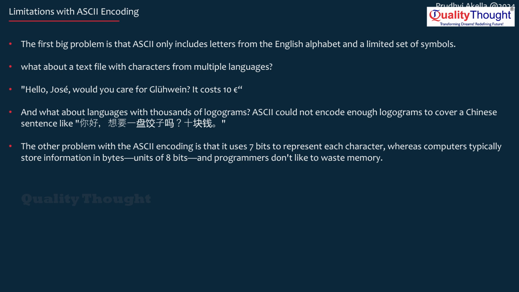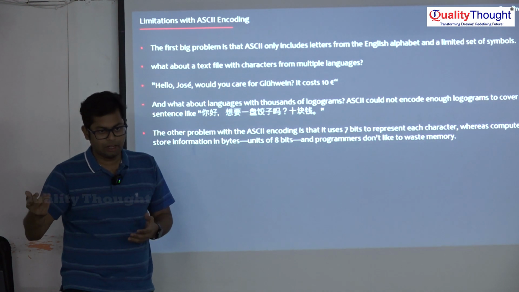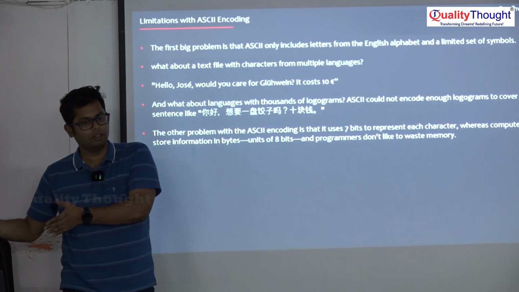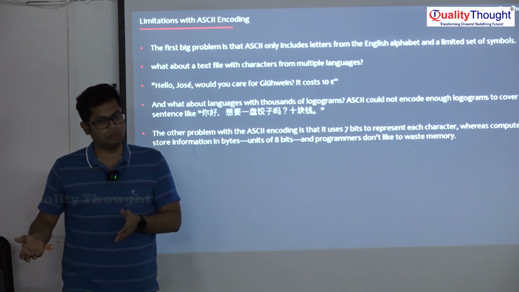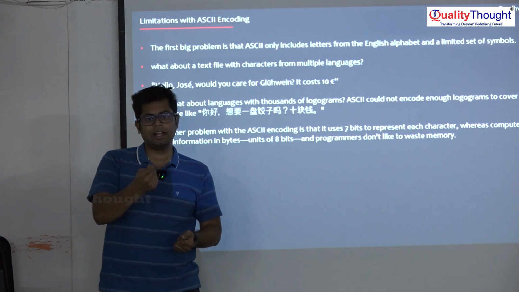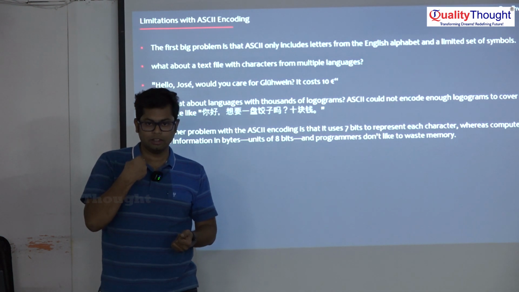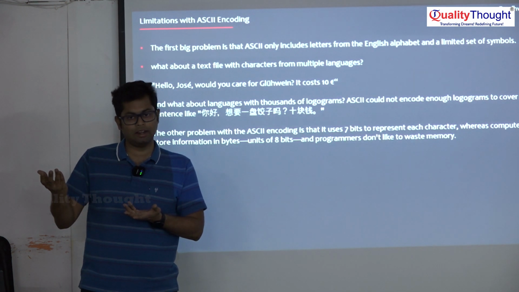What about a text file that has characters from multiple languages? I know I took E, and I have a respective decimal number for it, which can easily be converted into binary. But when I take a Chinese character, does it have any mapping in your ASCII table?